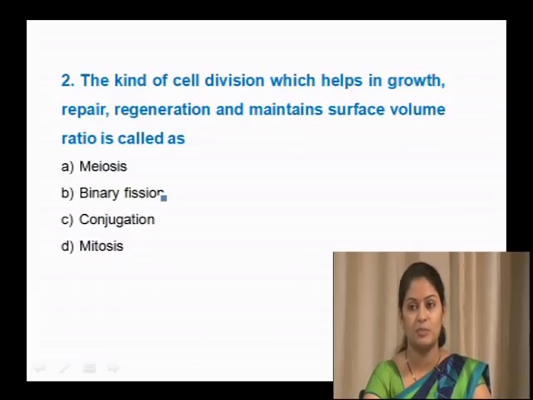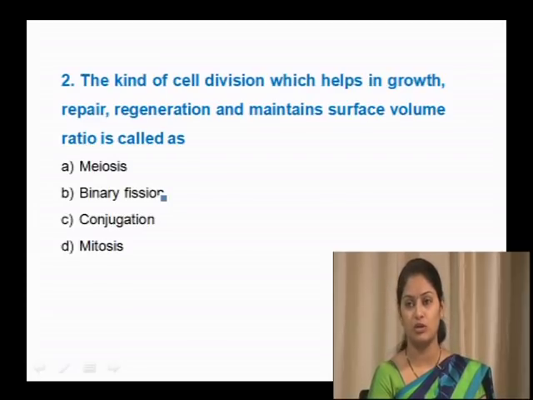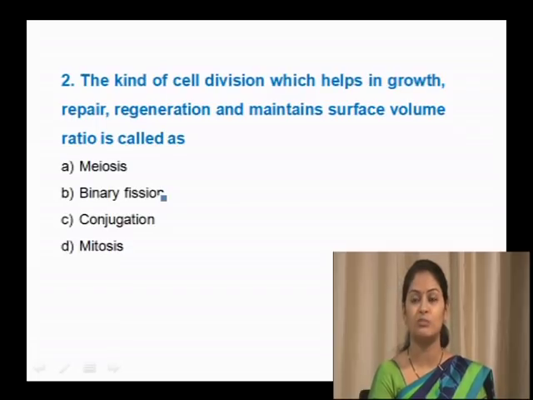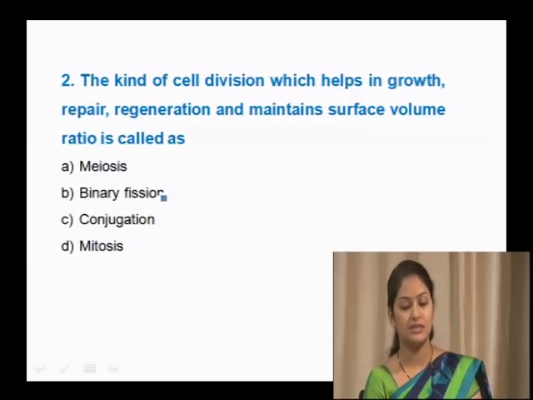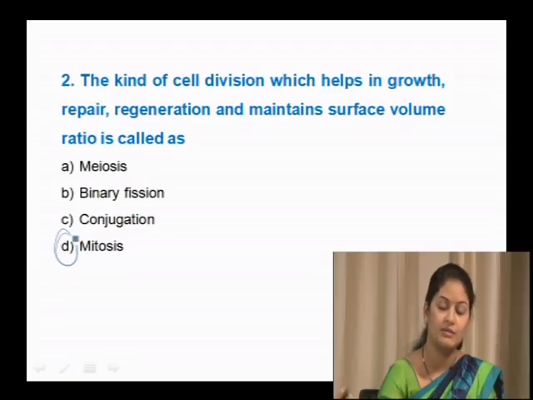Once the cell expands, the cell surface increases, therefore the volume and surface will not match, therefore they have to be brought back to normal, and for doing so the cell must be divided into two. Therefore, the answer for this question is D, that is mitosis.